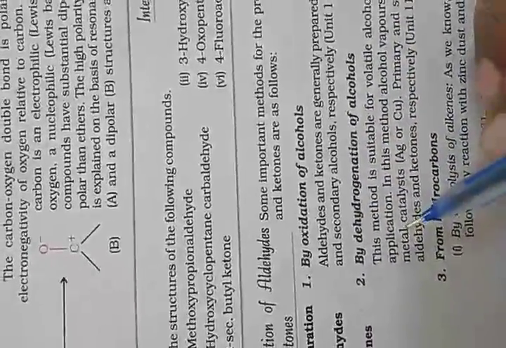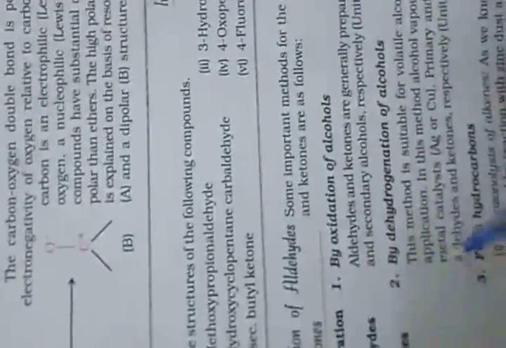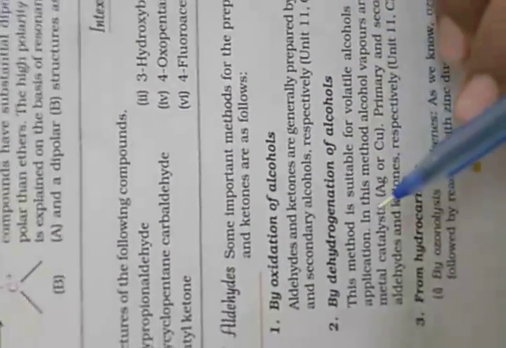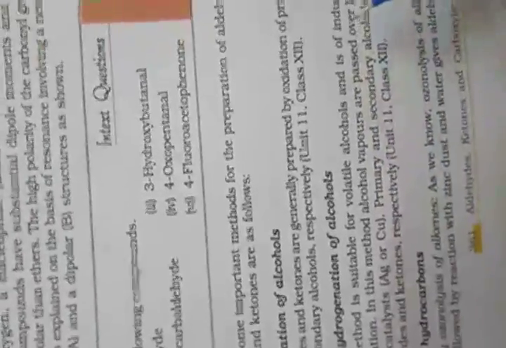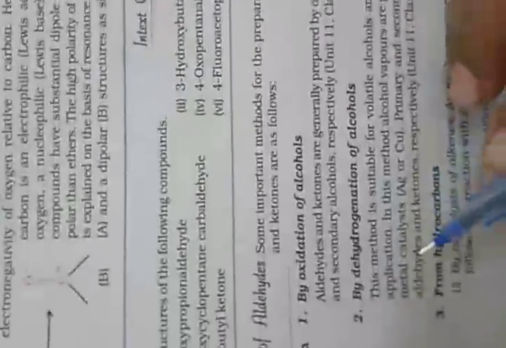The second method is by dehydrogenation of alcohols. This method is suitable for volatile alcohols and is of industrial application.